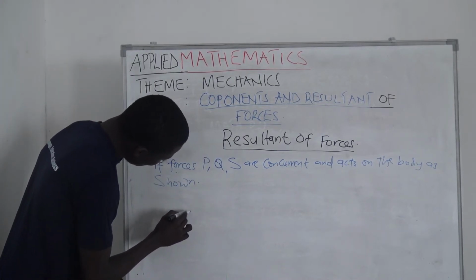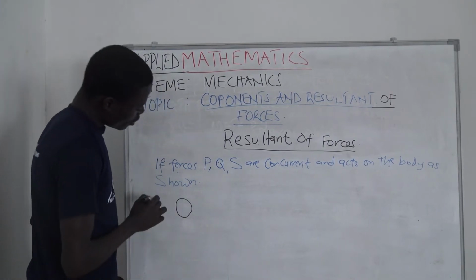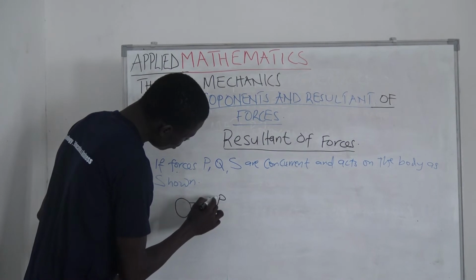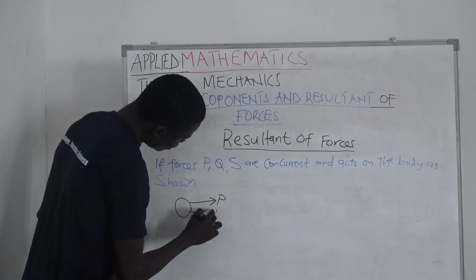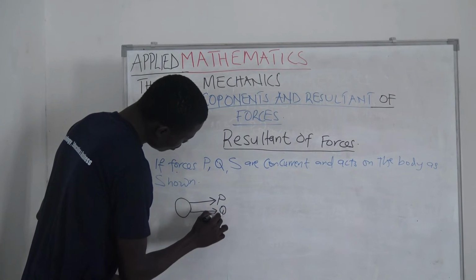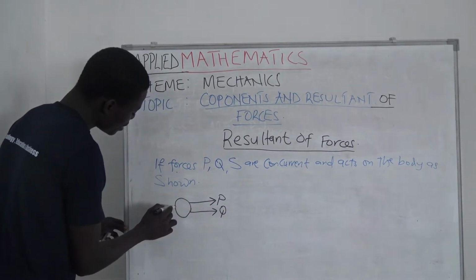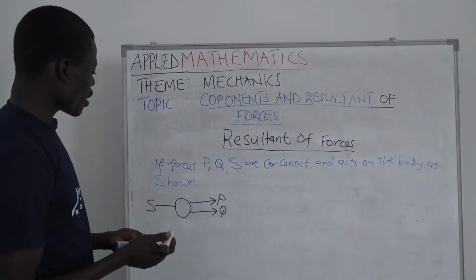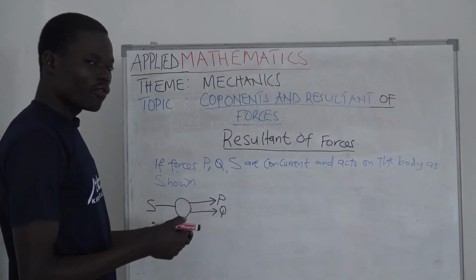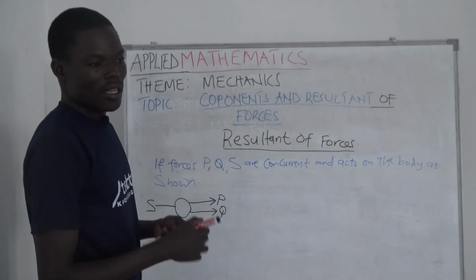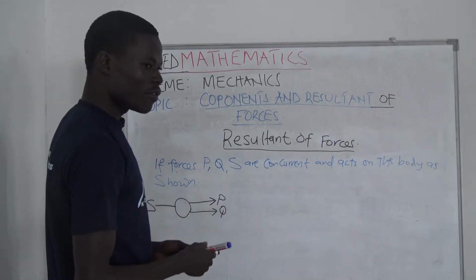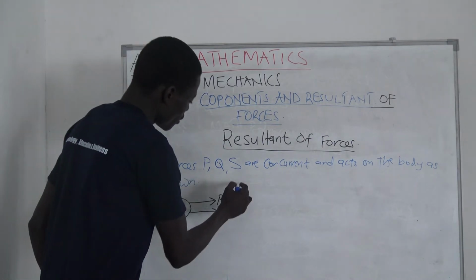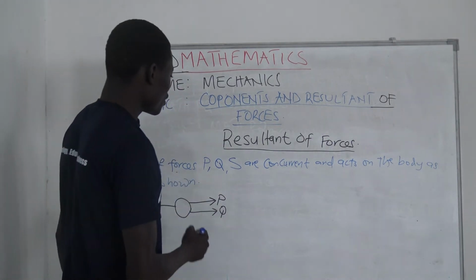This is our body, and then force P is acting in this direction, force Q is in the same direction, then force S is in this direction. How do we get the resultant force?